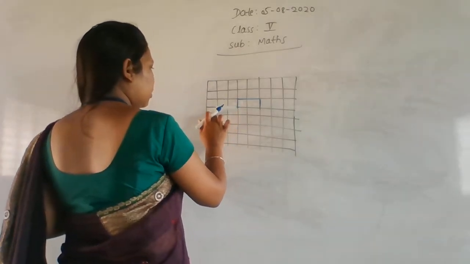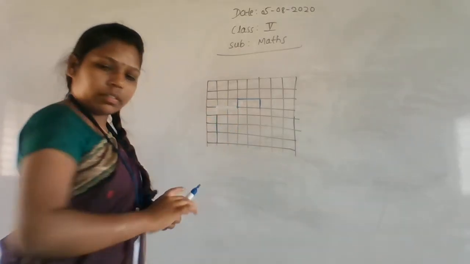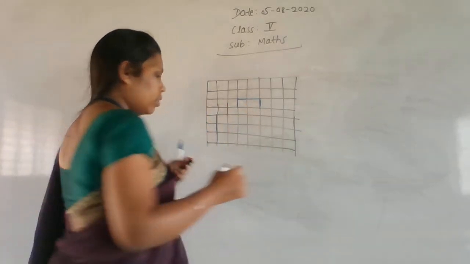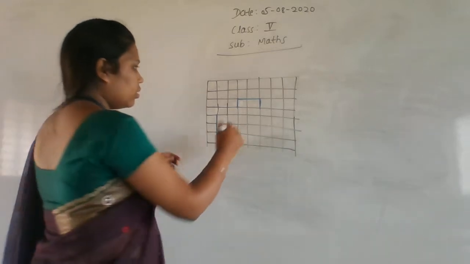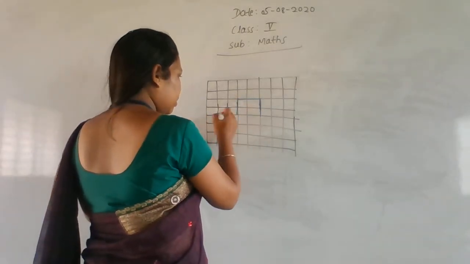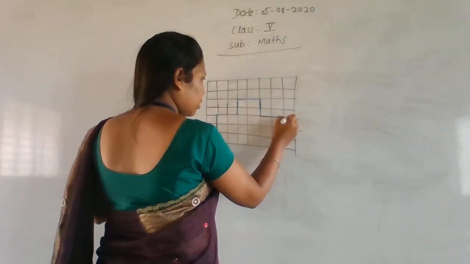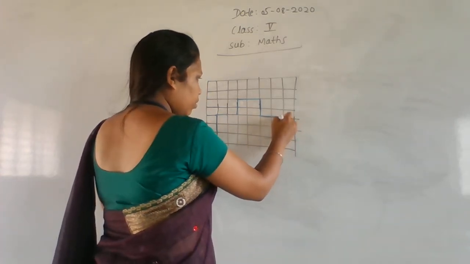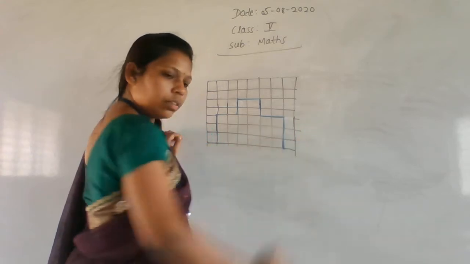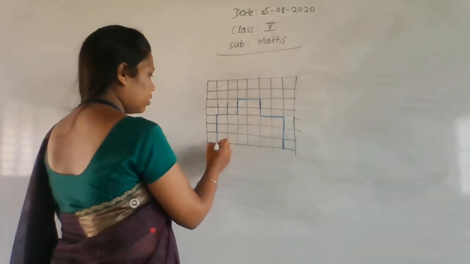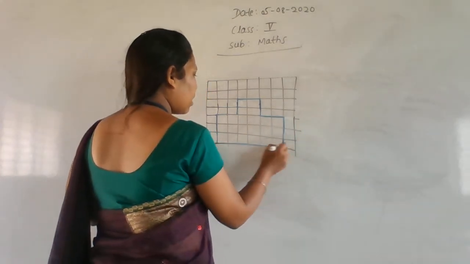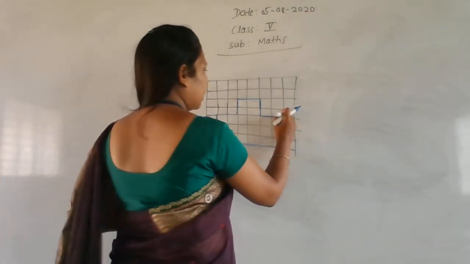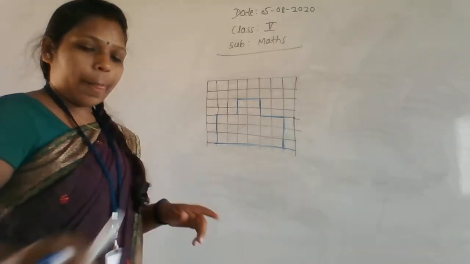Wait. See here, this much and this, not this much, only here. They marked like this, right? They did it like this. So count the numbers.